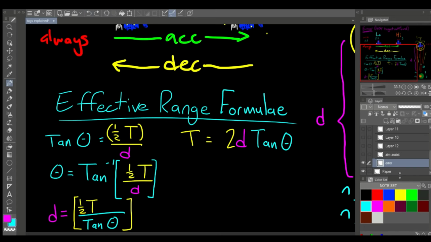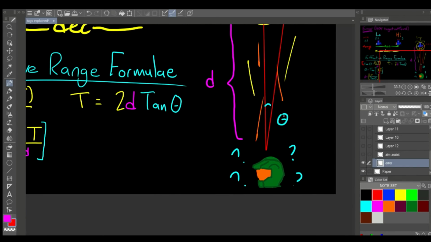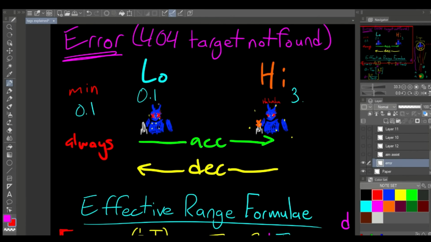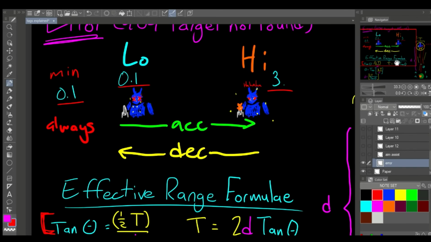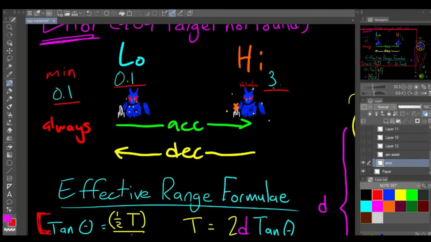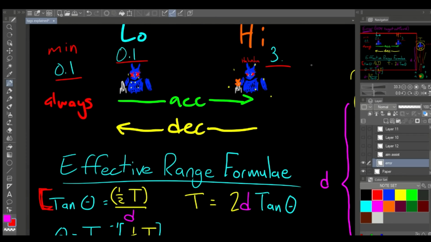Here's the generic formula that you can move around. Tan of theta, in this case, tan of theta is our error angle, so that's this one, or this one.